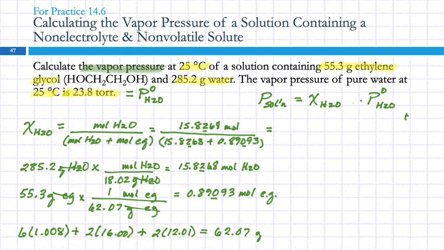So 15.8268 divided by the quantity 15.8268 plus 0.8909.